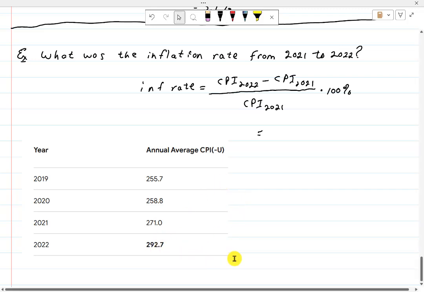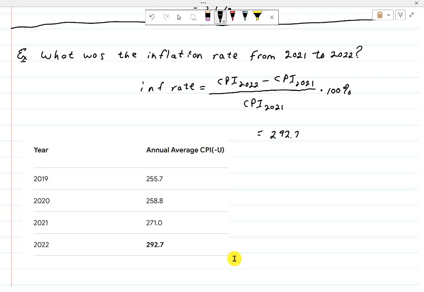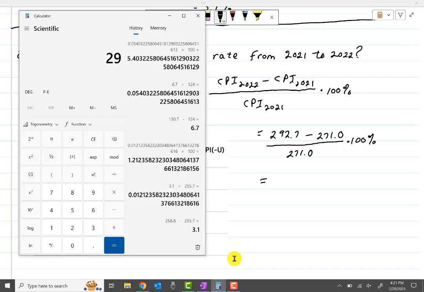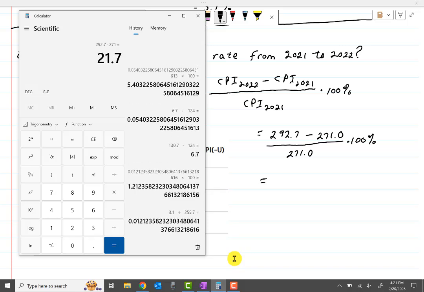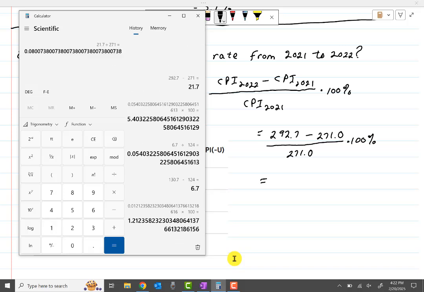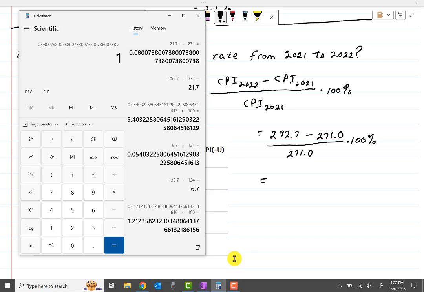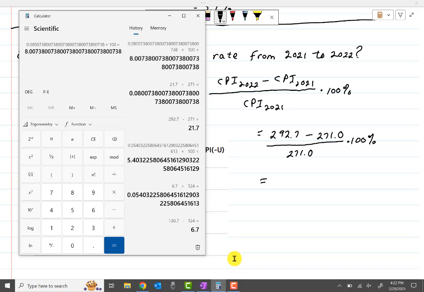I got the 292.7 for 2022, and I have minus 271.0 divided by 271.0 times 100%. I end up with about 8.0%.